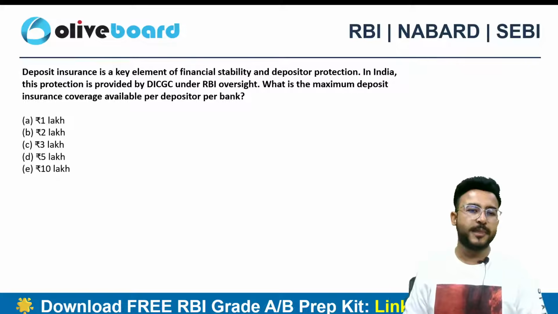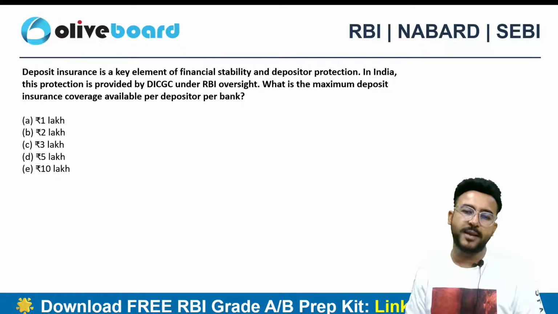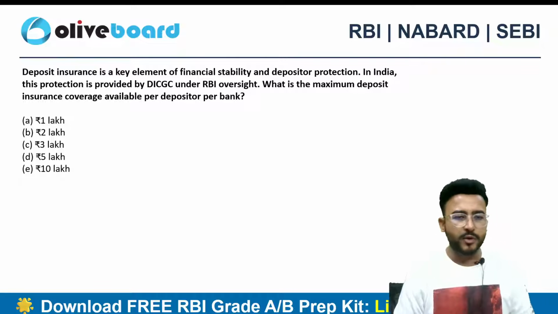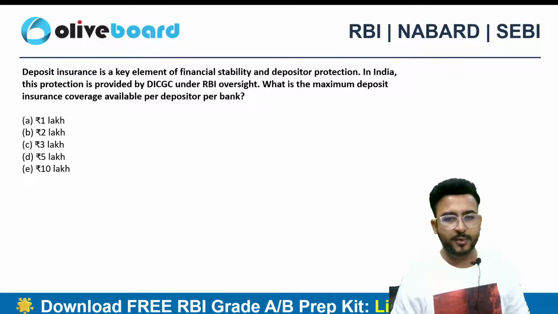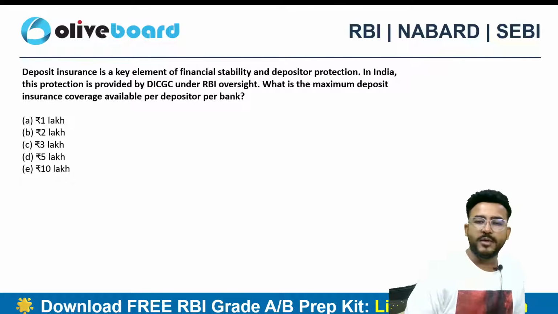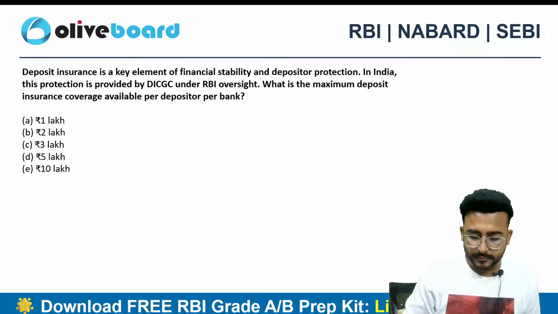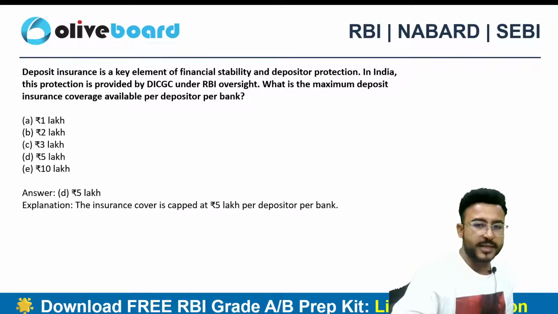Next one. Deposit insurance is a key element of financial stability of any country. We all know that DICGC is providing this deposit insurance, which is a wholly owned subsidiary of the Reserve Bank of India. What is the maximum deposit insurance available per depositor, per bank? We all know that it is 5 lakh, right?